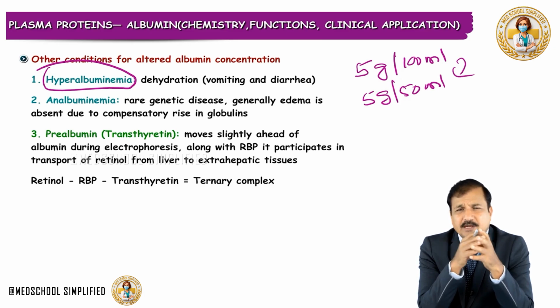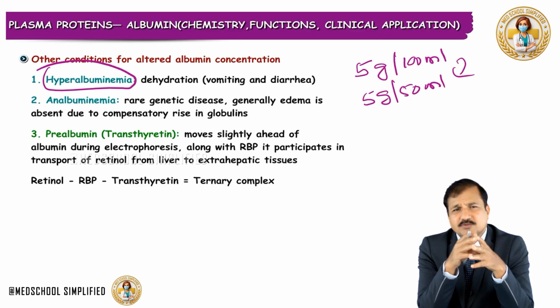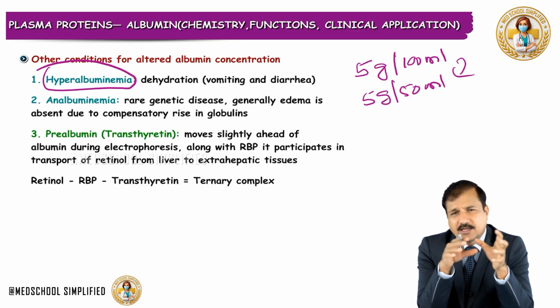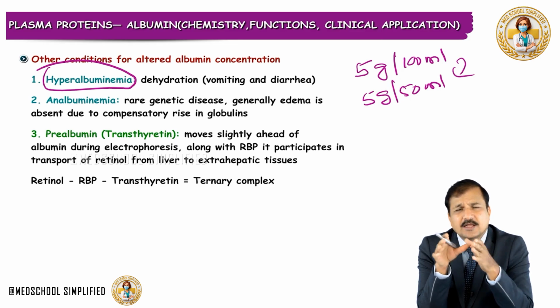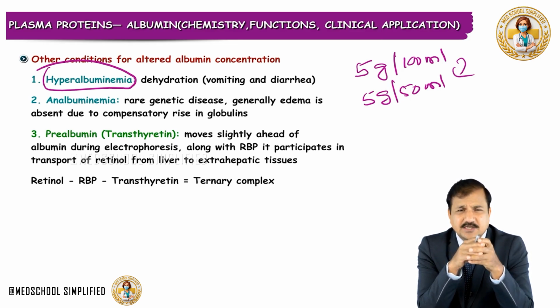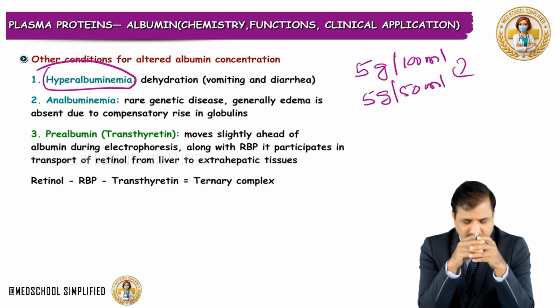Here, although albumin level is virtually absent, as a compensatory mechanism, globulin levels will be higher in analbuminemia, and that's why the globulins will take care of the oncotic pressure there. That's why edema is generally not seen in analbuminemia.